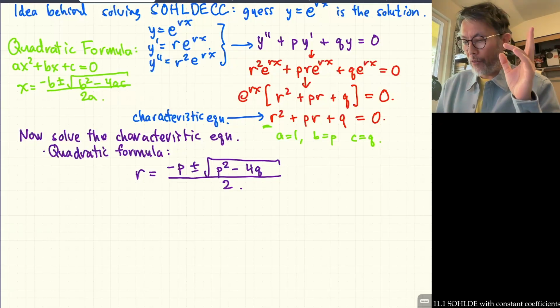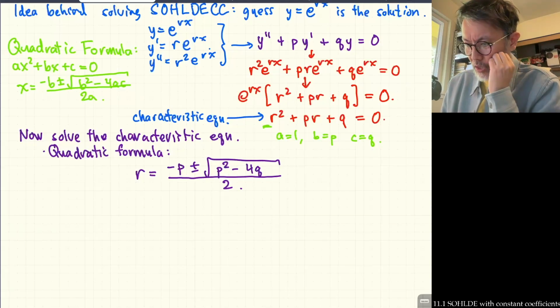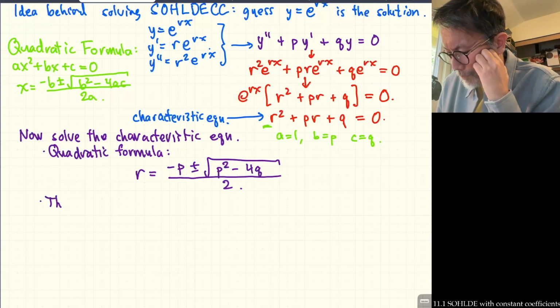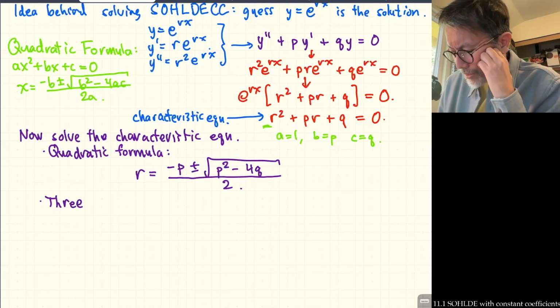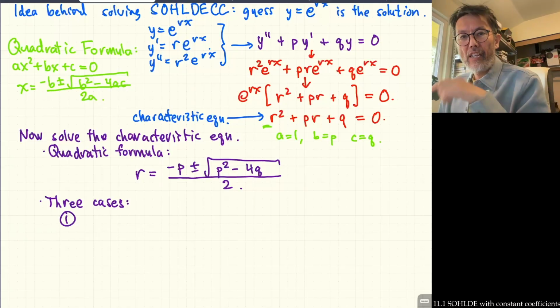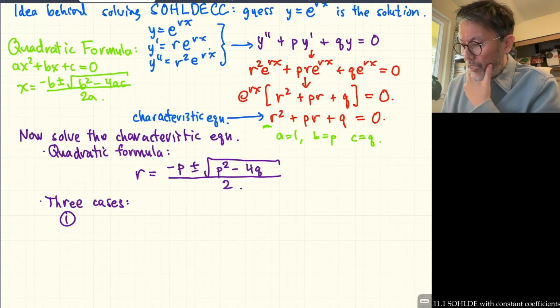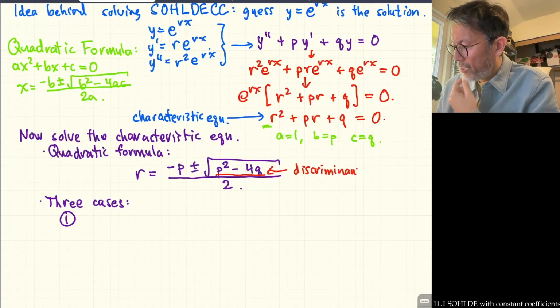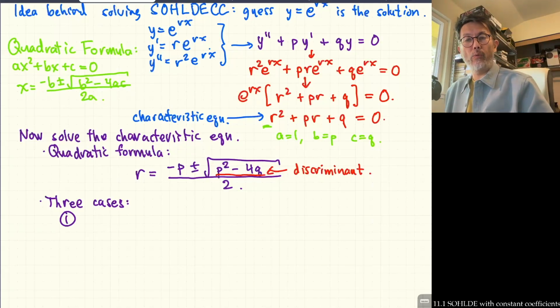And remember, there are 3 cases that are of interest here once you get this. The first case is if this number underneath the square root here, which we sometimes call the discriminant. It's called the discriminant because it discriminates between the following 3 cases.